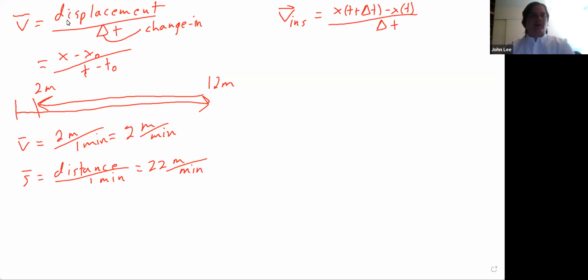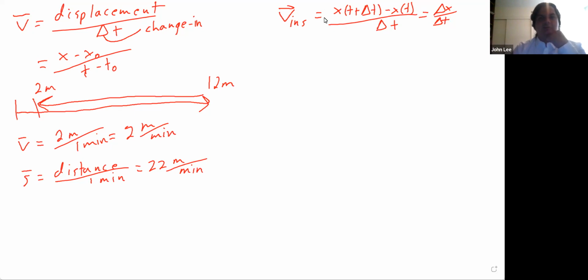So this is so far the same equation as displacement over delta t. It's just saying this is the displacement at time t plus a little bit of extra time, delta t, minus the position x of t, which is the same thing as delta x over delta t.